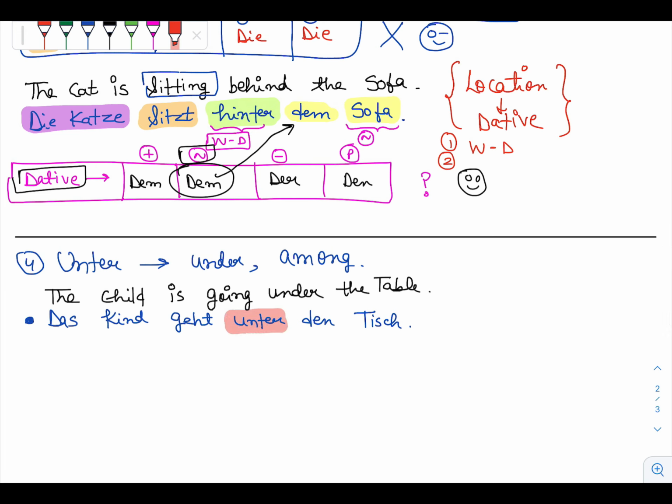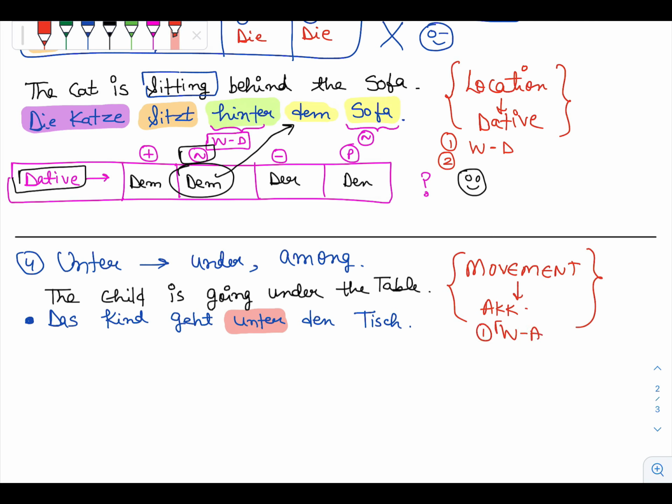Okay, I am using unter, which comes into Wechsel. After that, you will check whether it is a movement or a location. So the child is going under the table, which means we are talking about movement. So accusative.